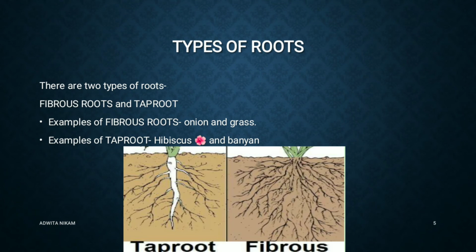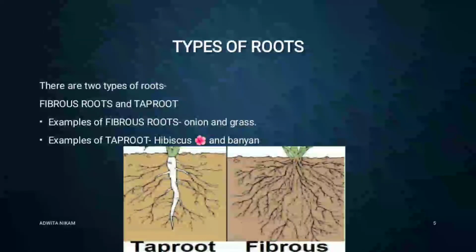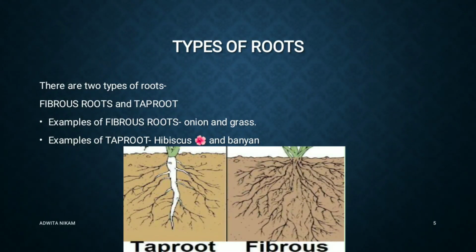Examples of fibrous roots are onion and grass. Fibrous roots means this one, and the taproot is this one. Examples of taproot: hibiscus and banyan.